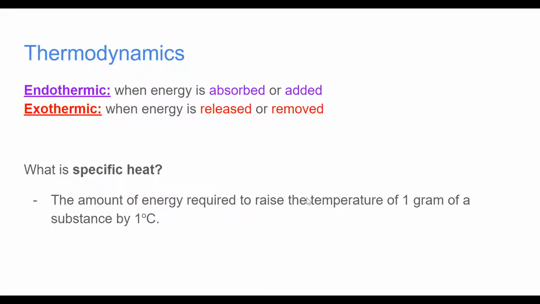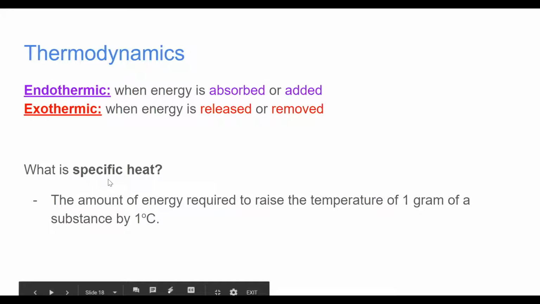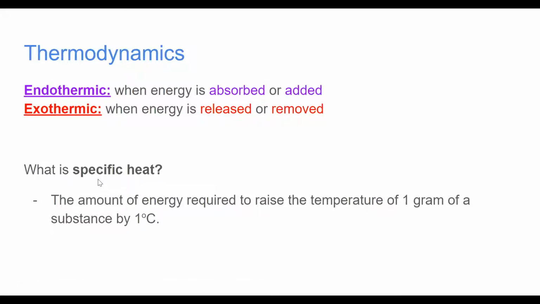It's how much energy you need to raise the temperature of 1 gram of a substance by 1 degree Celsius. The important thing to remember is that it is specific to different types of materials. Iron will change temperature differently than water will, so it has a different specific heat depending on the material.